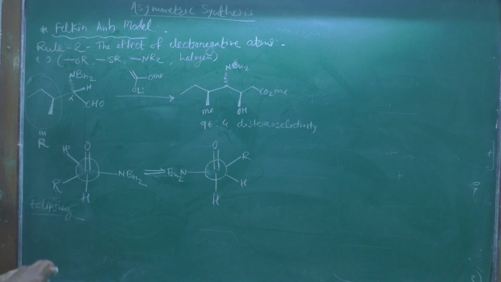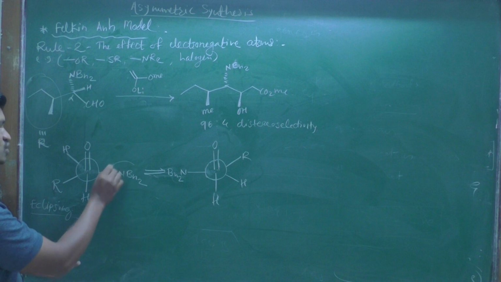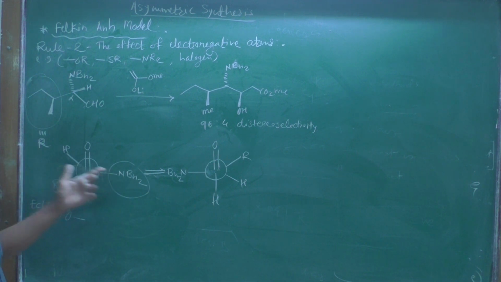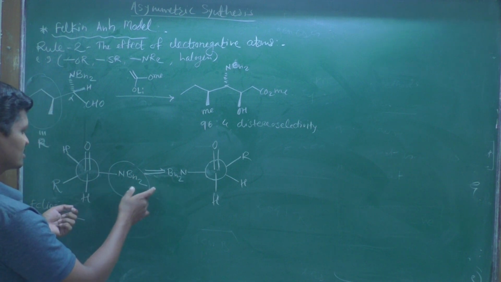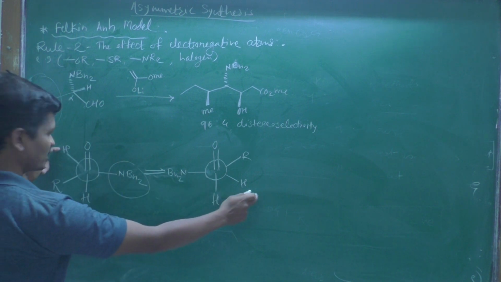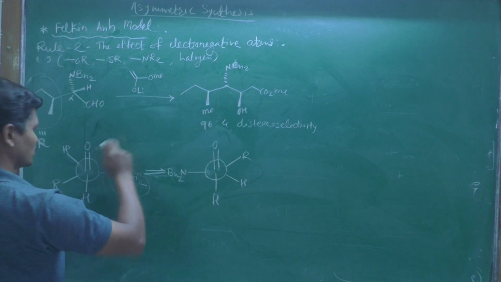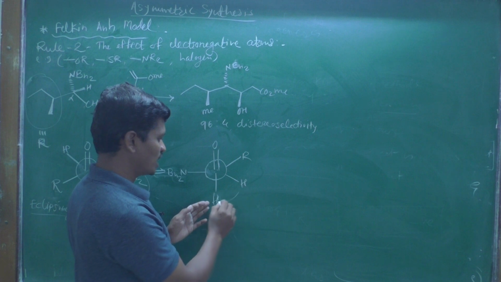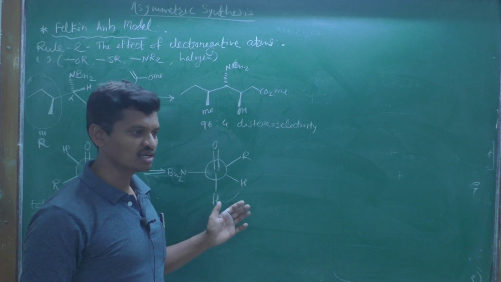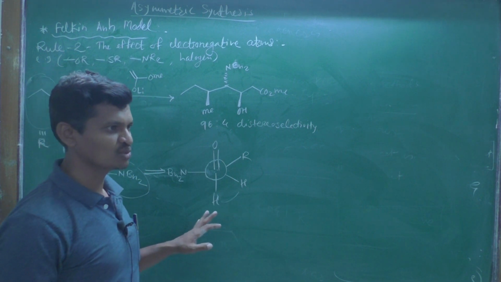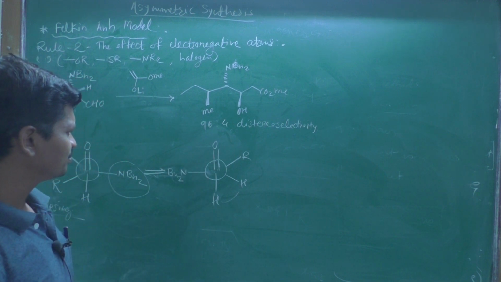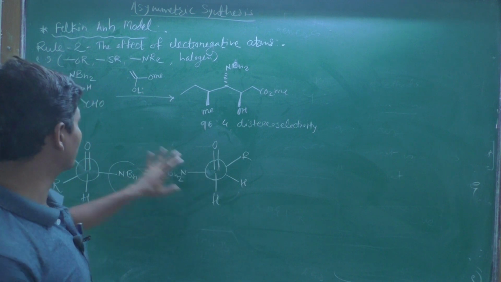So rotate the rear carbon atom in such a way that this NBn2 group will be opposite to this. So I will get this. Therefore the hydrogen will become here, and this R group will become opposite to this. Now here the two hydrogens are near to each other, and there are no steric or eclipsing interactions. So this is one of the stable conformations of the given compound.